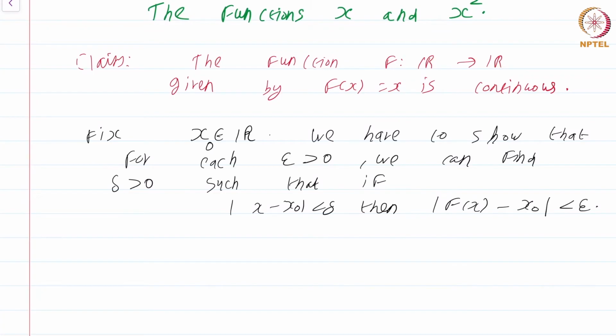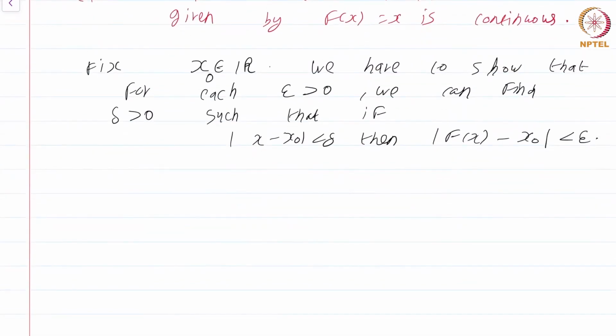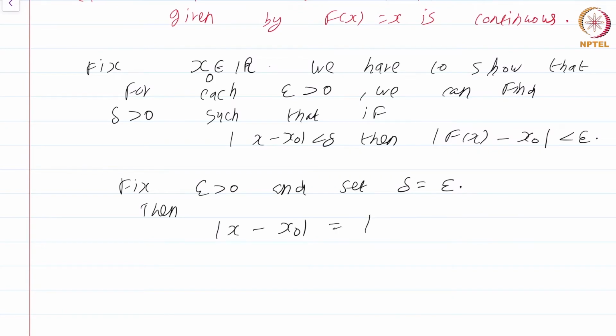x naught. Now fix epsilon greater than 0 and set delta equal to epsilon. Then mod x minus x naught is equal to mod f of x minus f of x naught, and this quantity is less than delta, which is equal to epsilon.